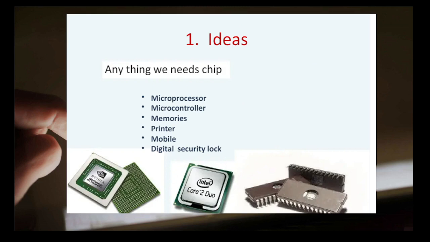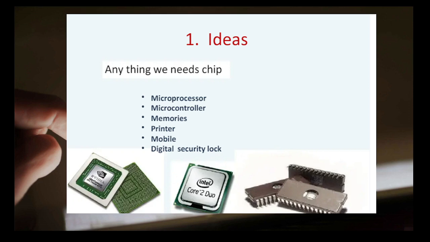First come the ideas. We need to know the basics of microprocessor, microcontroller, memories, printer, mobile, and digital security lock. For example, with the laptop we are using, if we use it for a long time, the heat generated is a problem. For that problem, we need to come up with an idea. For that, we need to know about the microprocessor and its specification, and the microcontroller.